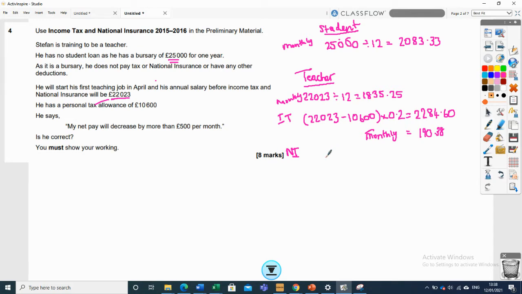Then you pay 12% on the rest of it up to £3,532. Okay, so £1,835.25 minus the limit, the 672, which is the amount he starts to pay tax on, and that is 12%.